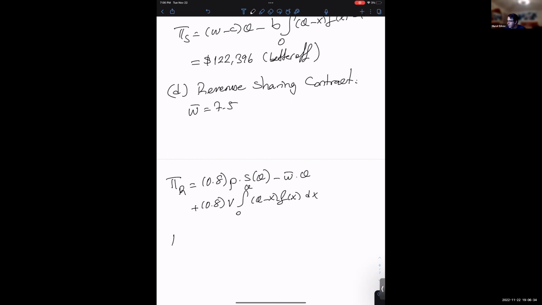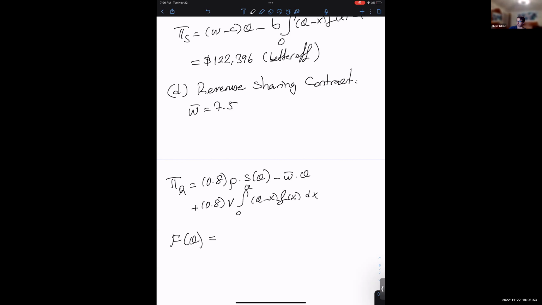Now, in this case, it's all about figuring out the critical ratio. So now on the numerator, you have the margin.